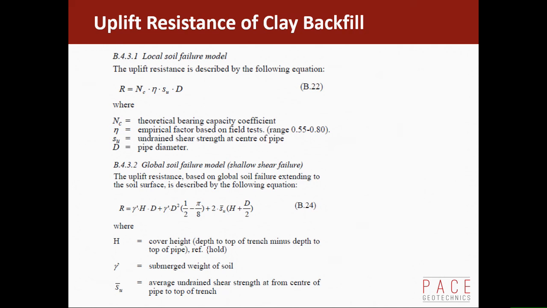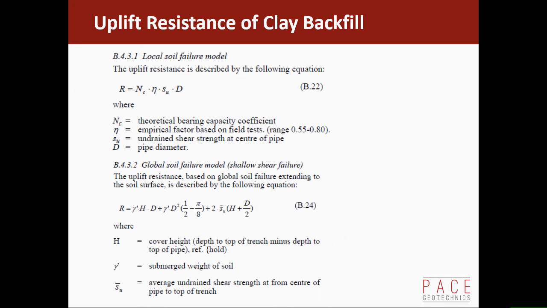Now, because it's a backfill material, it's going to be disturbed and remolded, and we allow for that with an eta value, which is an empirical number based on field tests. Undrained shear strength at the centre of the pipeline, because it's actually remolding around the pipe, and then the diameter of the pipeline. So basically, that just gives you that limiting value for undrained shear strength, for uplift resistance in soft clays.